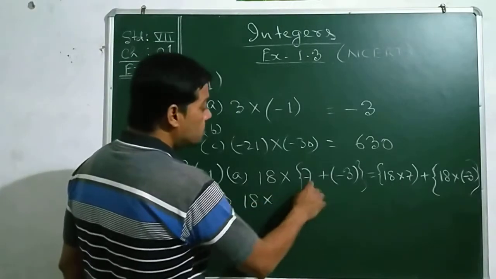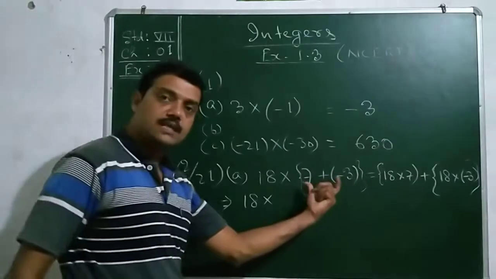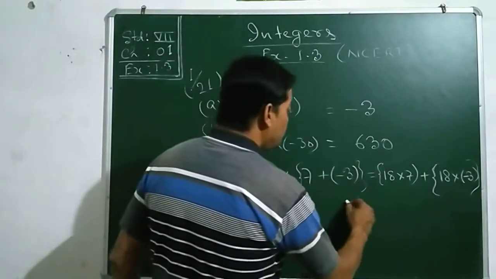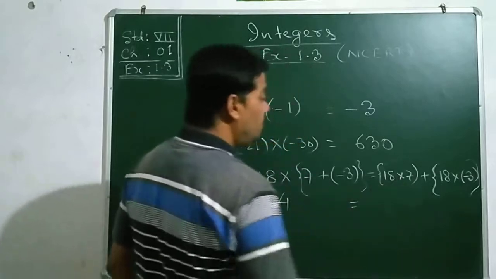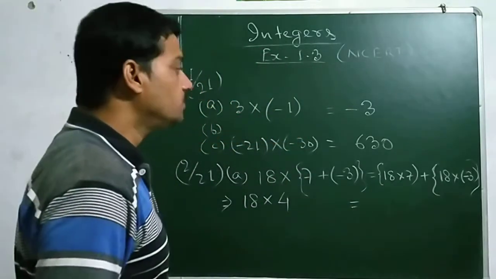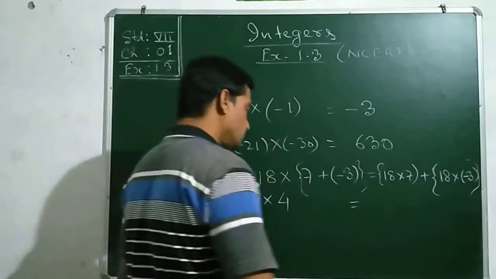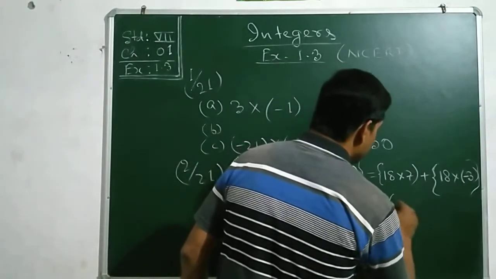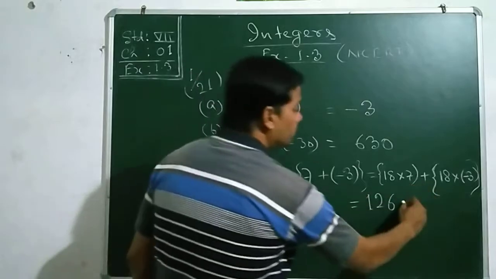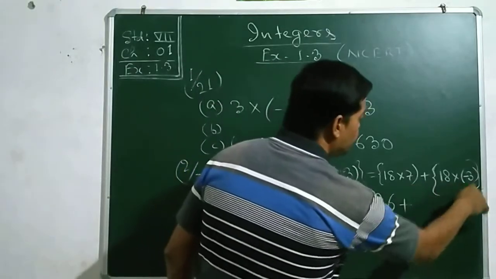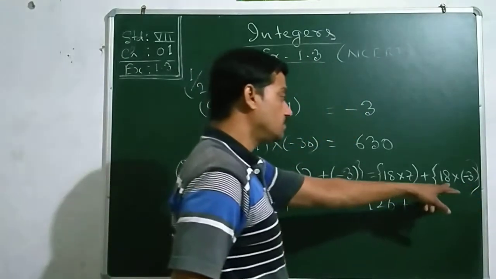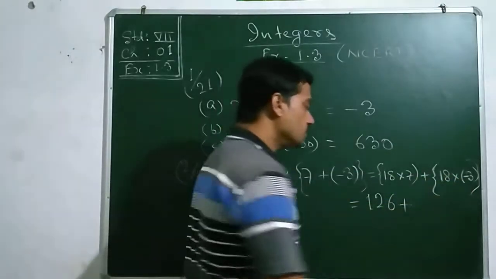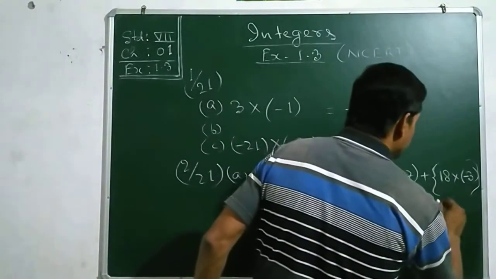18 into 7 plus minus 3, that is 7 minus 3, the resultant number is 4. That will be equal to 18 into 7, of course you know 18 sevens are 126, and 18 threes are 54, but the sign is negative here, so minus 54.